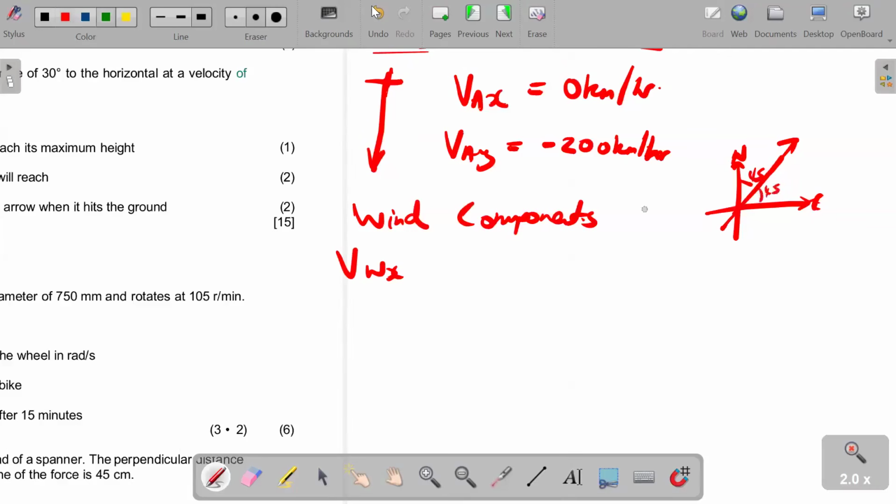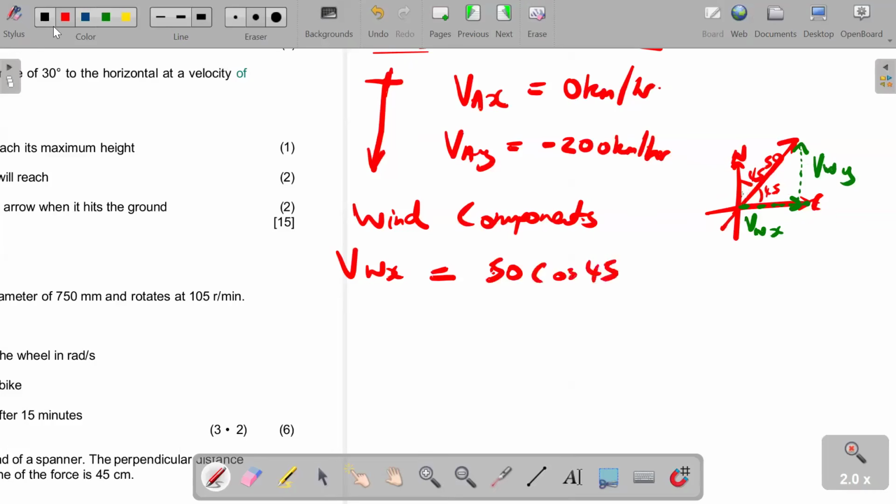If I opt to take this direction here, this is my horizontal component. And then I take this direction here. This is now my vertical component. So this is marking my VWY, while this is marking my VWX. So VWX, from the diagram I've just drawn, is given by 50 cos 45, since the wind speed is 50.